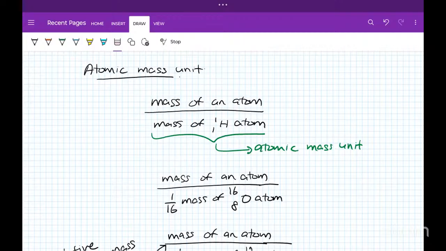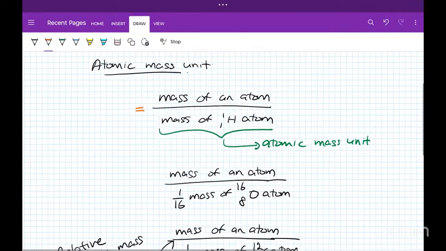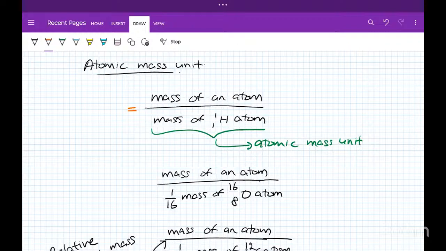Therefore, the measured mass was called relative atomic mass.